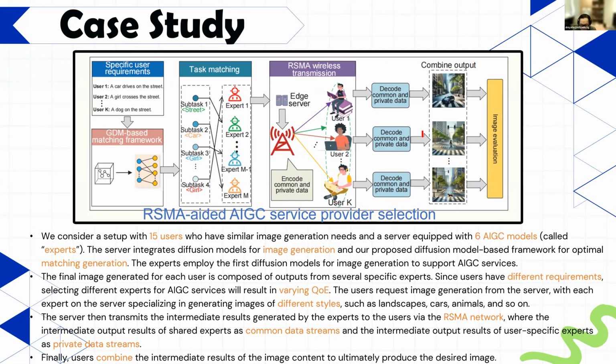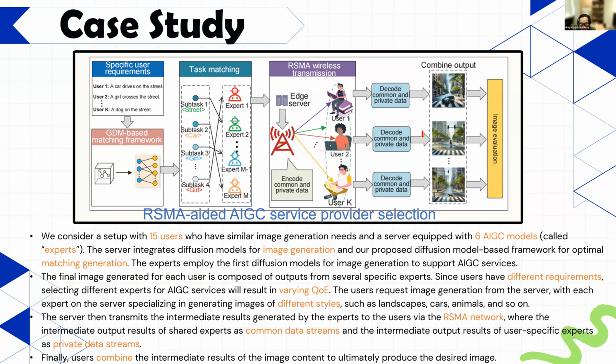That means your user would like to execute an AI model, for example, to generate an image based on stable diffusion. So we need to perform the matching from the user to the different edge servers that host the different AI models, which we call experts.